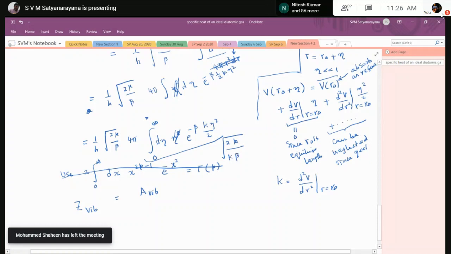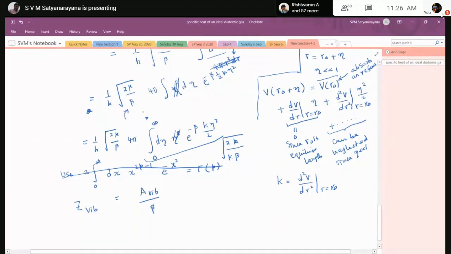This is what you will get, square root of 2 by k beta. So here you are going to have A vibration divided by beta, because there is one square root of beta coming from here and one square root of beta coming from here.